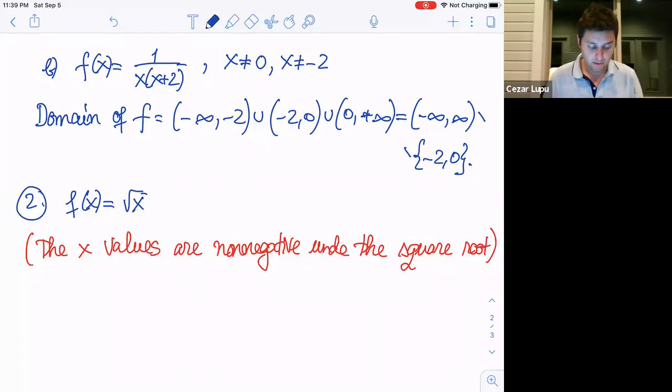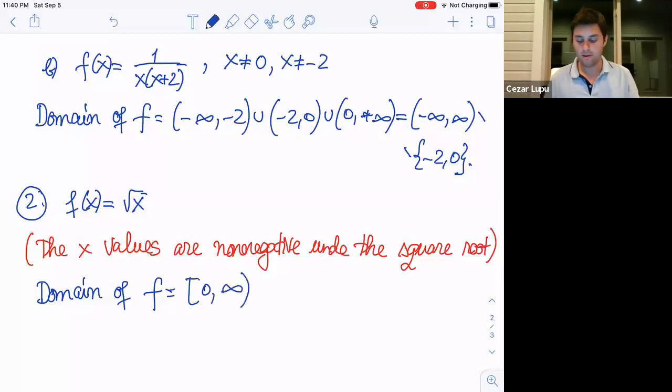In other words, the domain of f is nothing else than the interval [0, positive infinity), including 0. So the restriction will be that x cannot be negative. That cannot happen under real numbers, right?